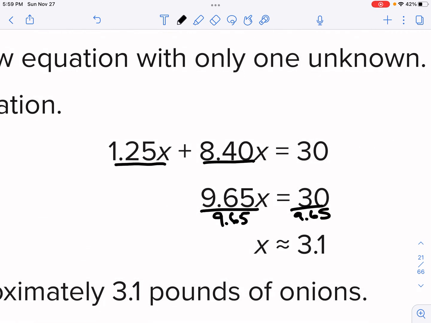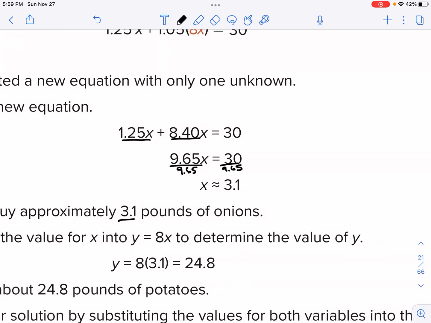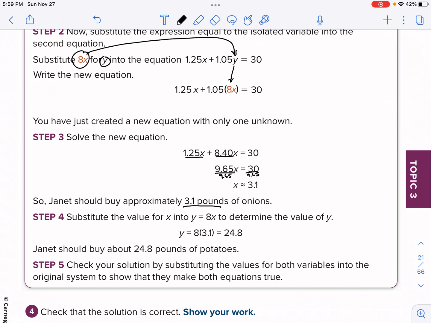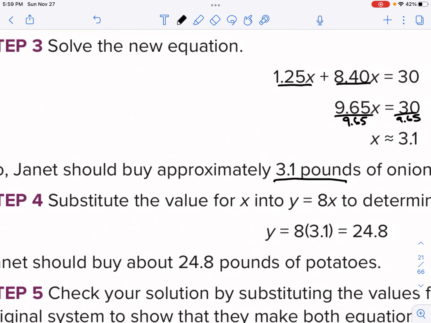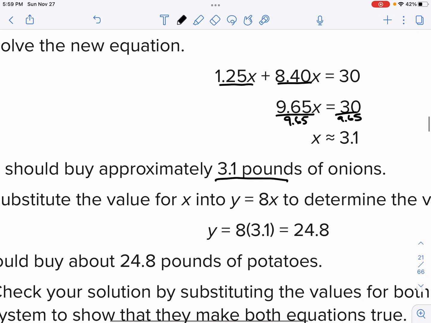Now this gives us x, and x is what we said is onions. So this is 3.1 pounds of onions. Now we need to find y, because our answer is always in terms of x comma y, since it's two values for both these equations. So you substitute the value of x into y equal to 8x.